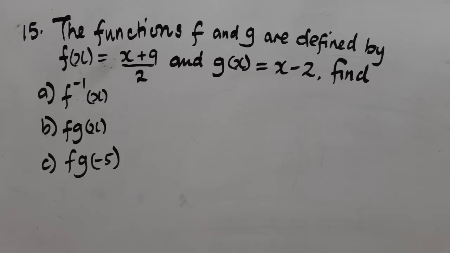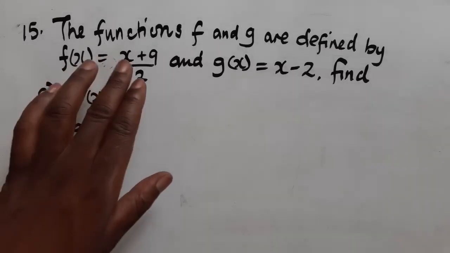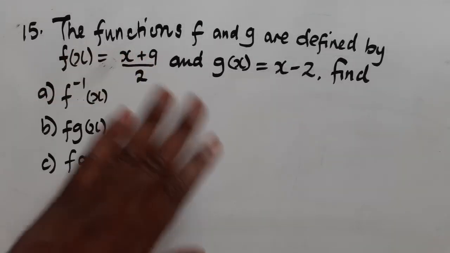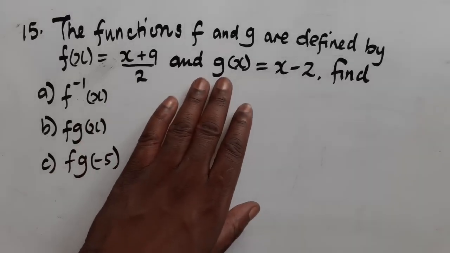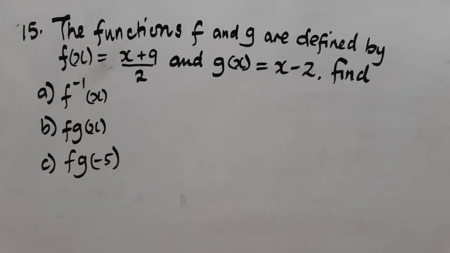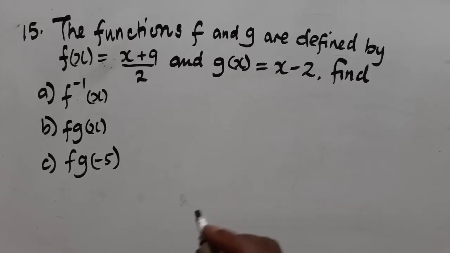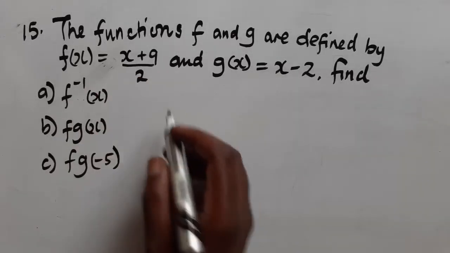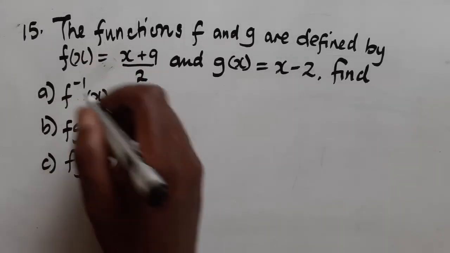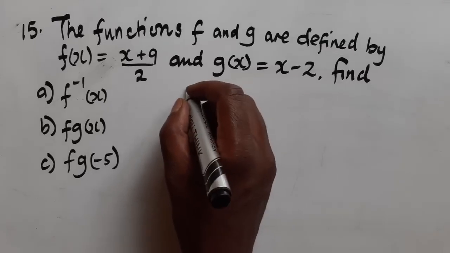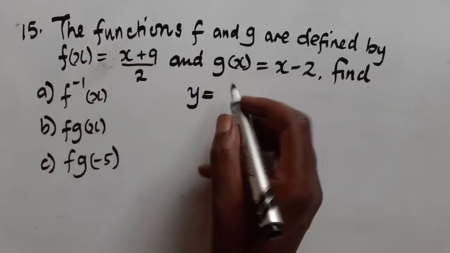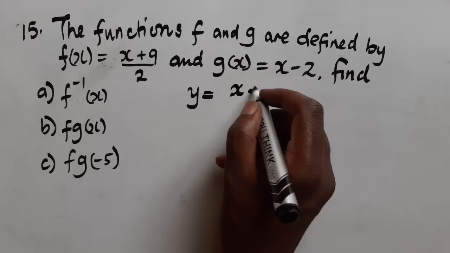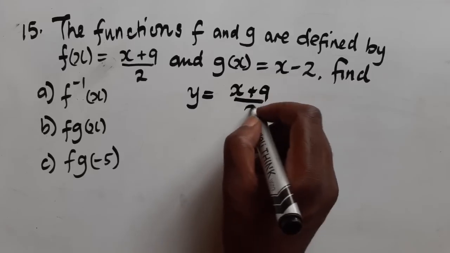The functions f and g are defined by f(x) = (x + 9)/2 and g(x) = x - 2. Find the inverse of f. So what do we say about the inverse? The first thing we say, where there is f(x), you put y, then y = (x + 9)/2.